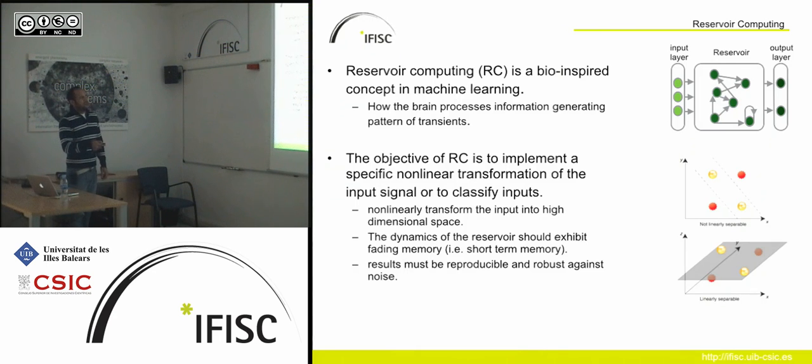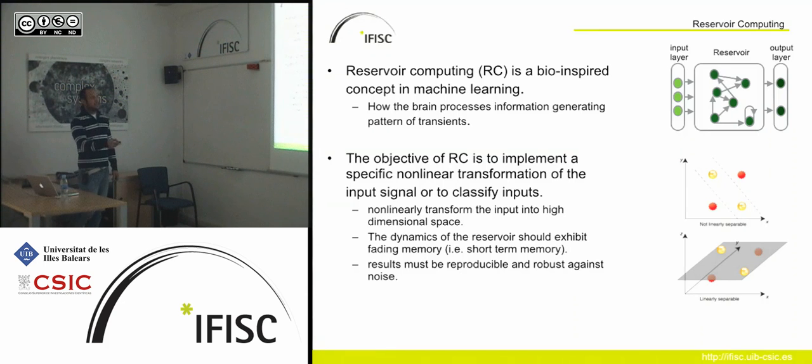Reservoir computing consists of 3 layers. We have an input layer that is going to be the stimulus to the brain, let's say, or the reservoir in our case. We have the reservoir, which consists of neurons, or nodes as we also call them, and they have several different interactions between them.